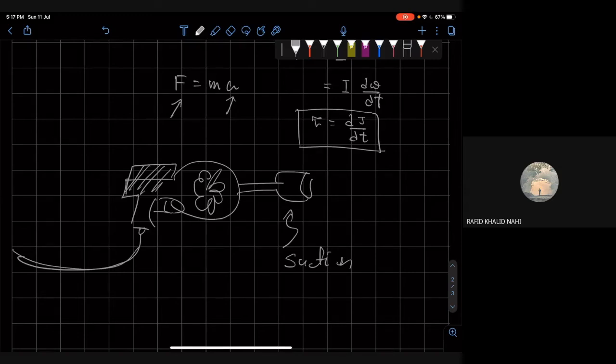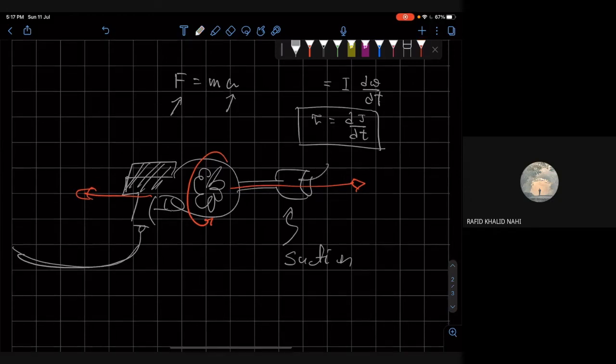If you turn this on, the fan will start rotating, and therefore you will have some sort of angular momentum in that direction. The fan is rotating either that direction or that direction, and the rotating fan will be sucking in the dust through here, right?